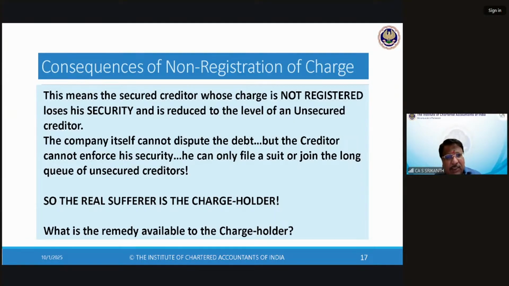And the operational creditors who have supplied goods and services, and the employees themselves, are operational creditors. Their salary is a due. So these are all unsecured creditors, and that is a huge list. So when the charge is not registered, the secured creditor is reduced to the level of an unsecured creditor.